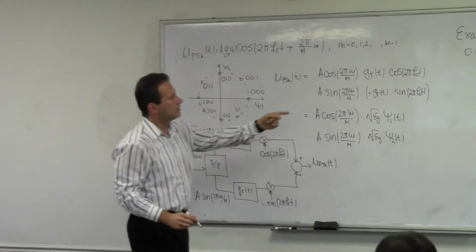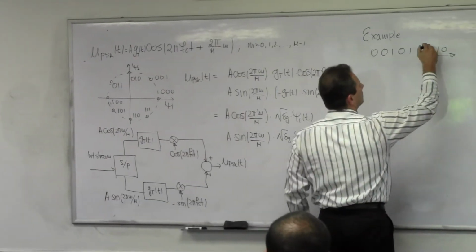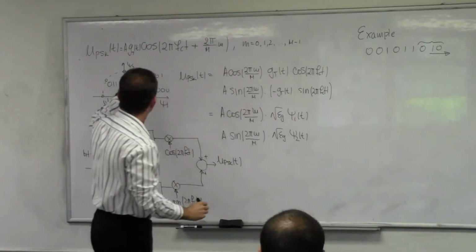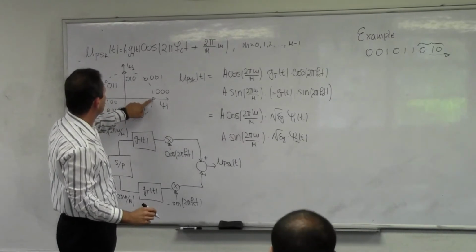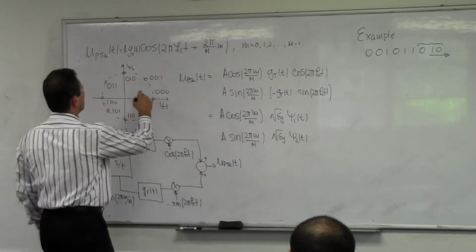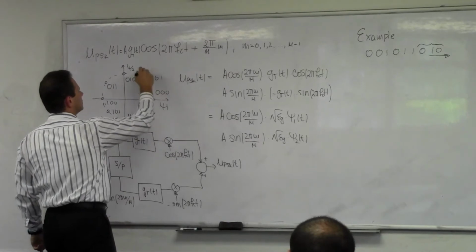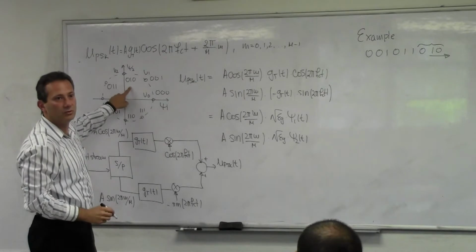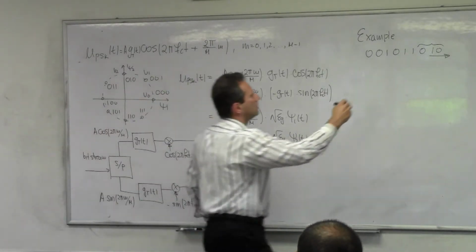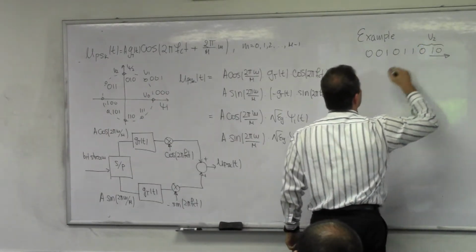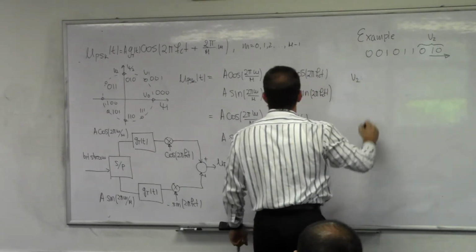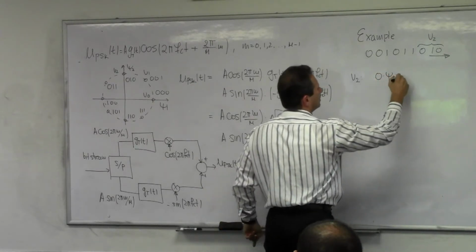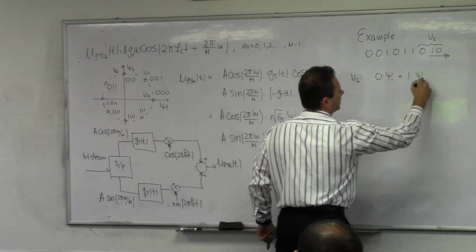Let's say this is my bit stream, so these bits will be grouped into a symbol. Looking into this chart here, this is symbol 0, 1, 2, so let's label these U0, U1, U2. So I need to be transmitting U2. So this thing here results in U2. If I look at U2, what is that? This is 0 times psi 1 plus 1 times psi 2.